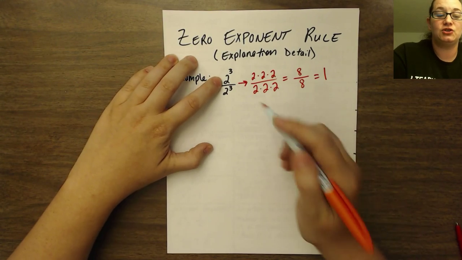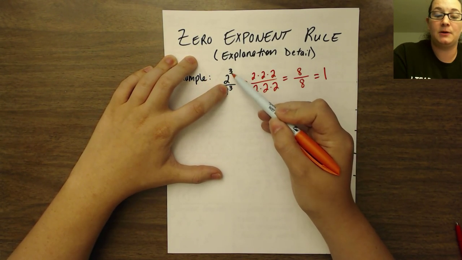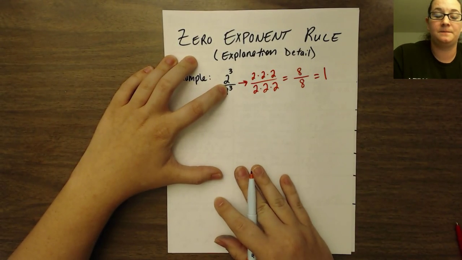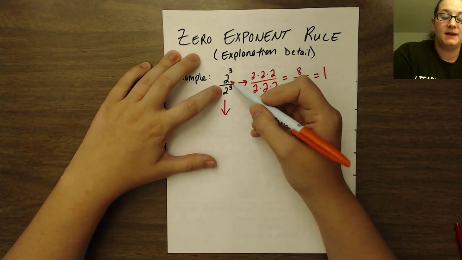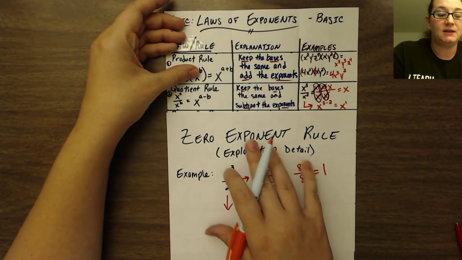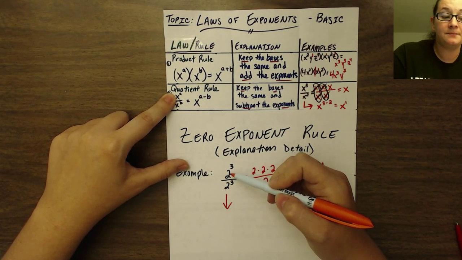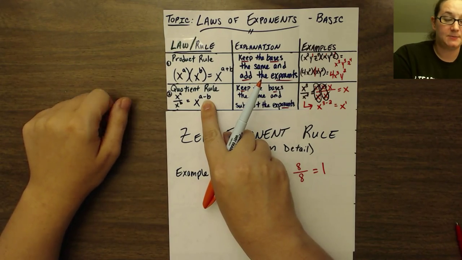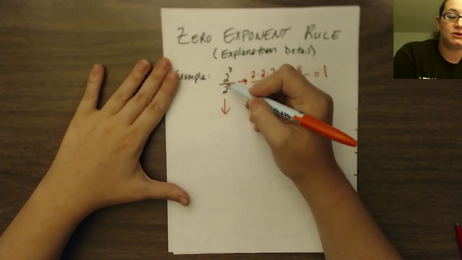So there I've just shown using a number and expanding it out that if it's the same exponent, I get a 1. And if I think about the rule that we just learned, specifically the quotient rule says, well, if I'm dividing, which I am, I would subtract my exponents. Okay, well, let's do that. So I have the same base.